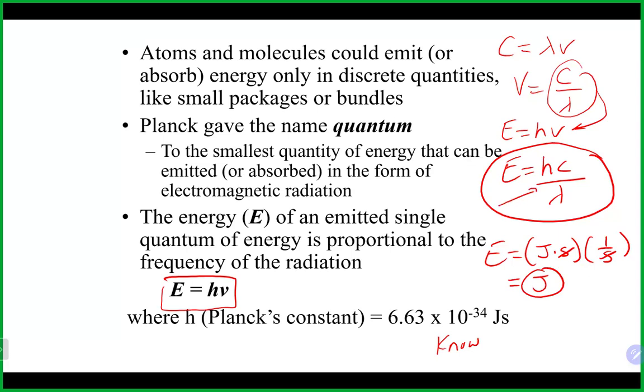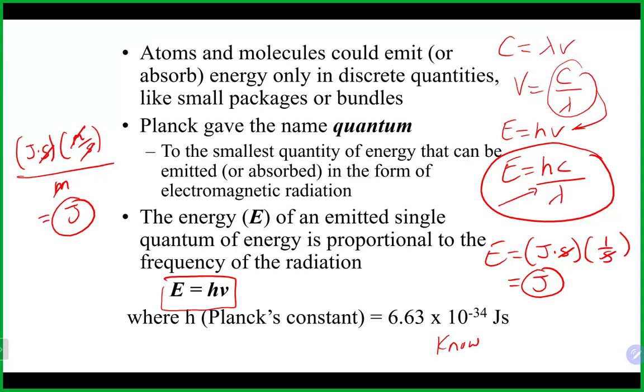Same thing happens up here if you use that version: h is joules times seconds, c is meters per second, and the wavelength is in meters. So meters will cancel, seconds will cancel, and once again you'll be left with joules. So when you calculate the energy using this equation, joules is the unit you end up with, typically speaking. Any questions on that?